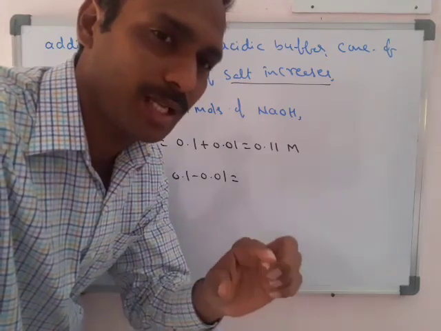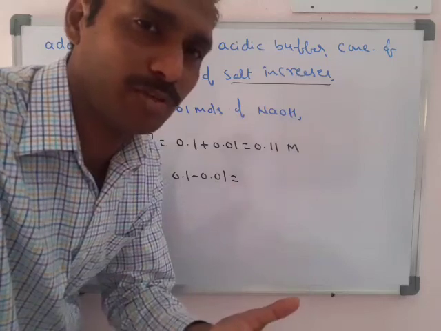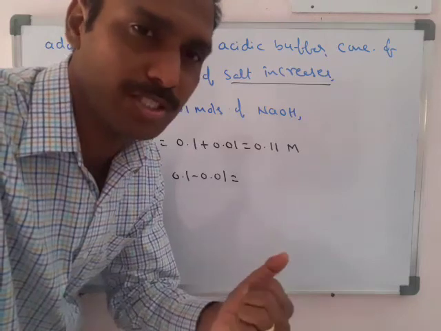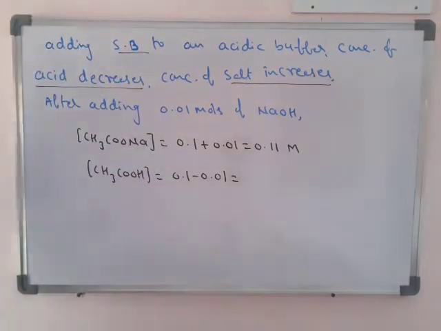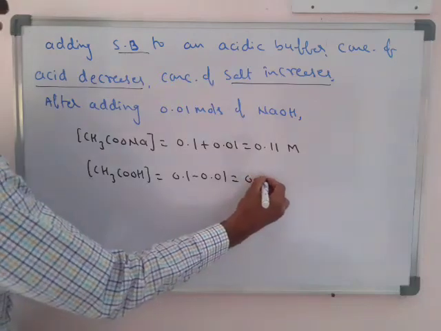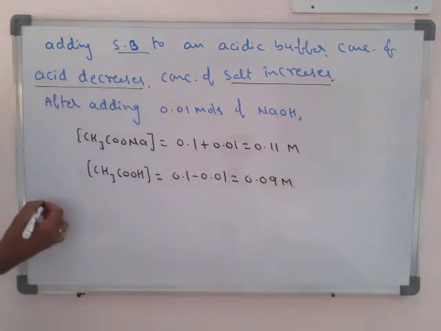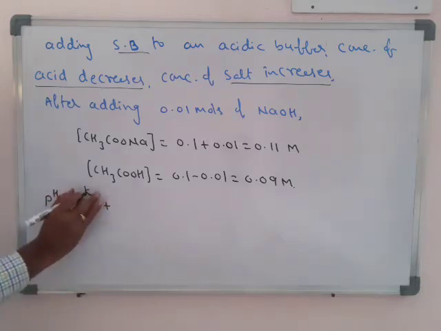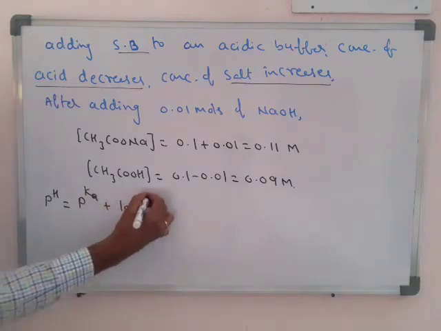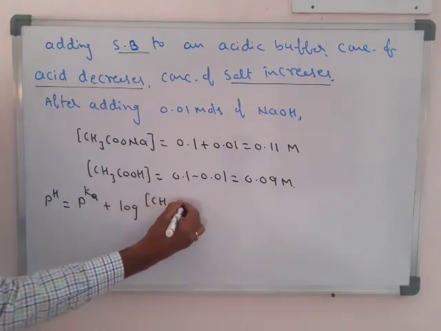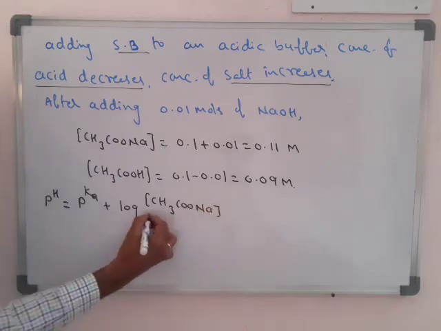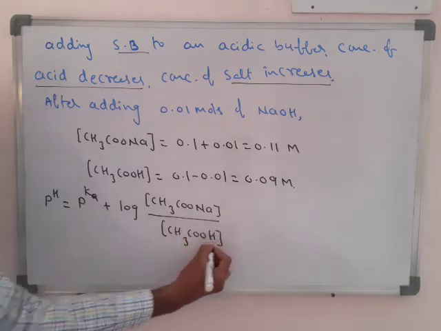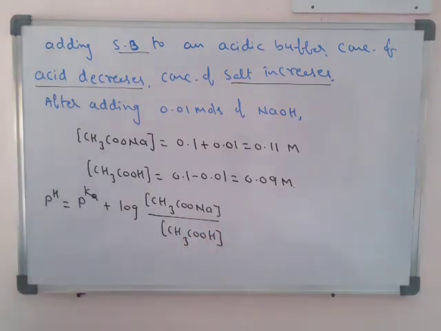In those problems, how much amount of acid or base should be added, we took it as x moles. Here that value is already given to us. So here we get 0.09 M. Therefore, as it is an acidic buffer, pH equals pKa plus log of salt concentration by acid concentration.